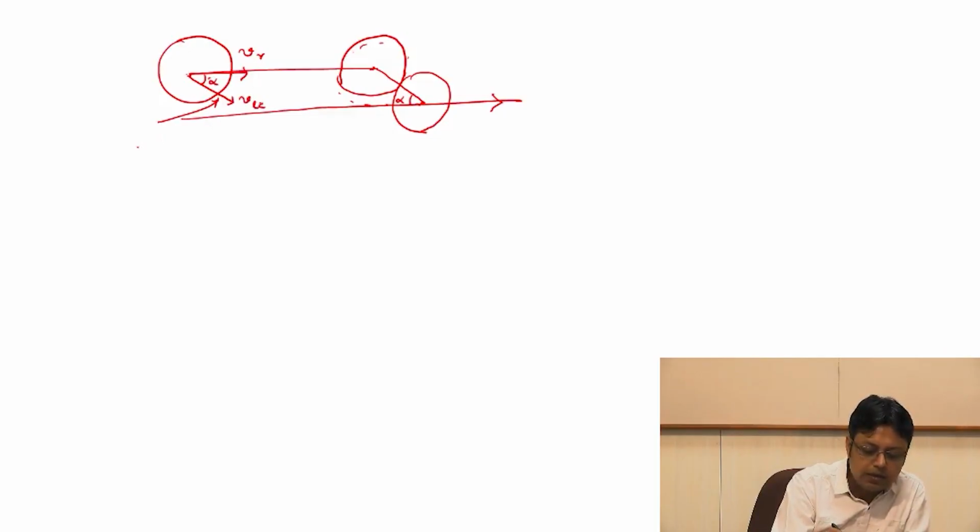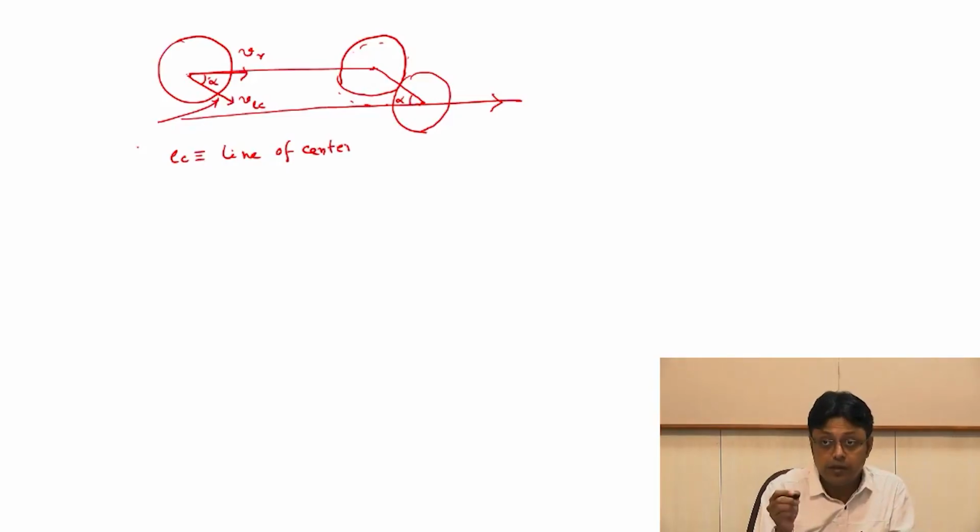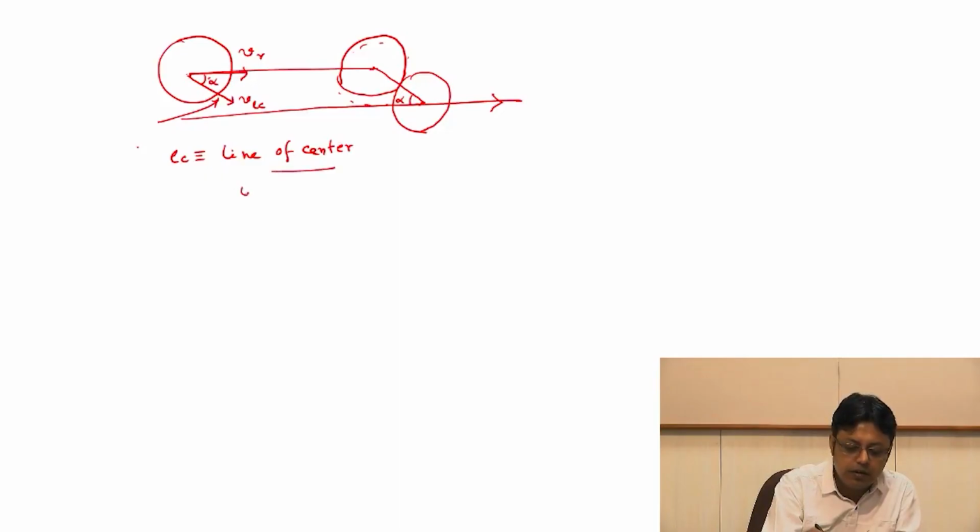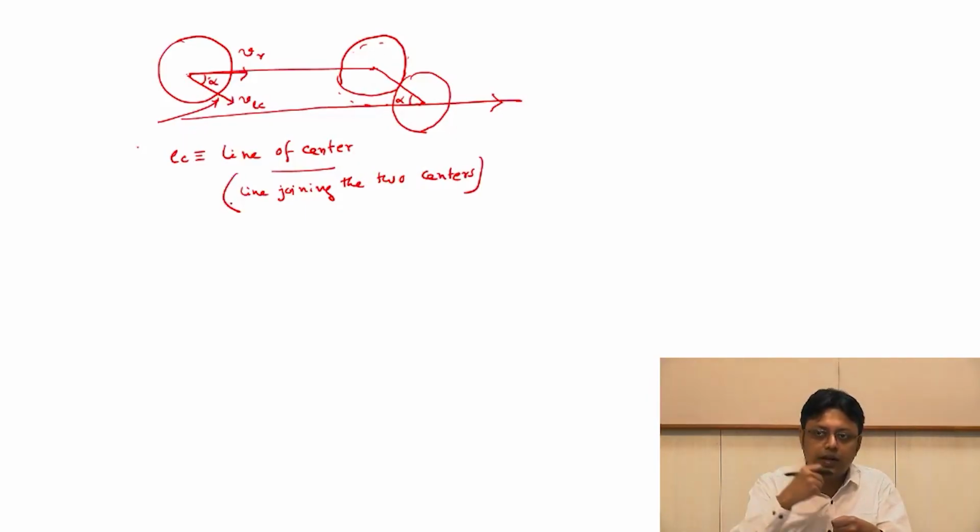LC means line of center, the component of the velocity along the line joining the two centers. There the energy will be transferred.